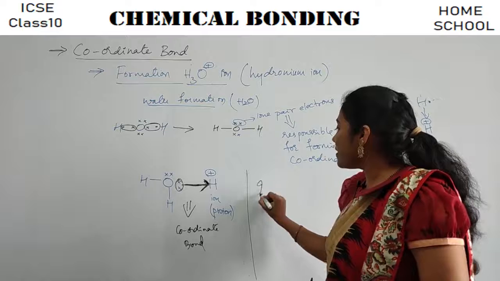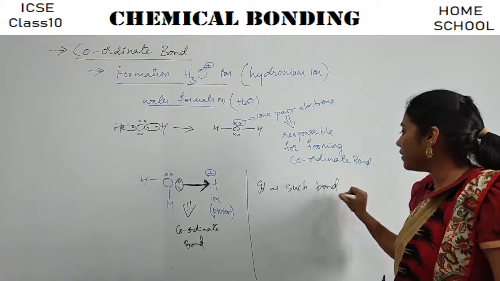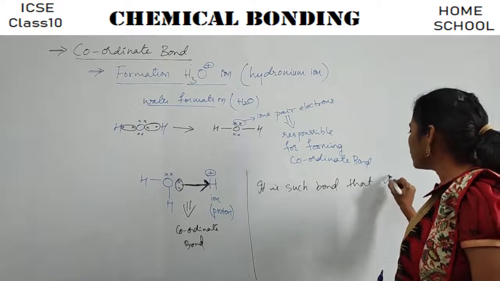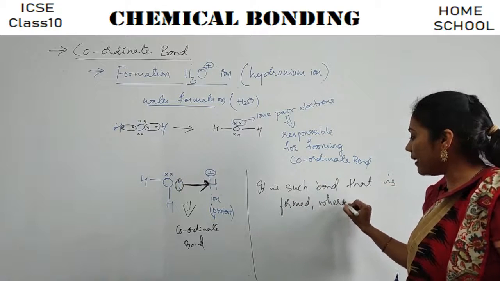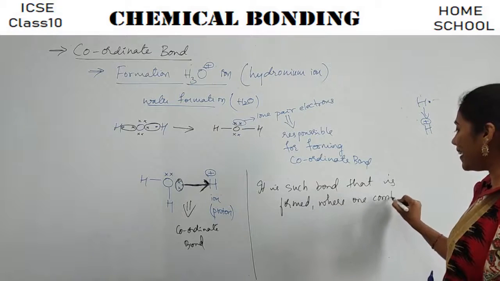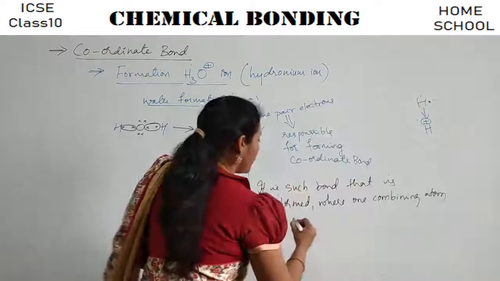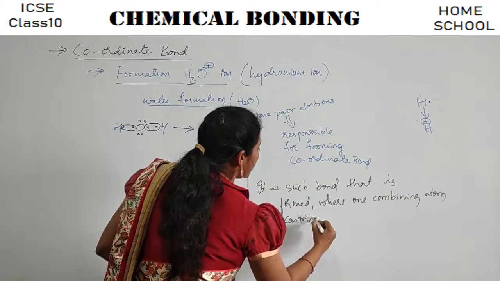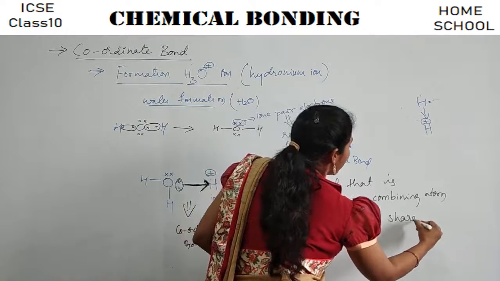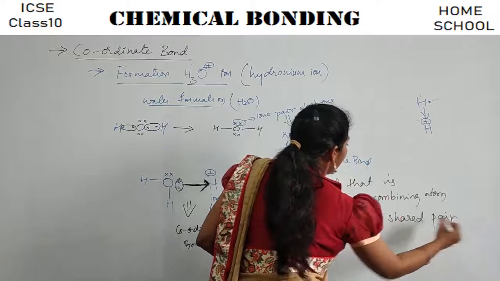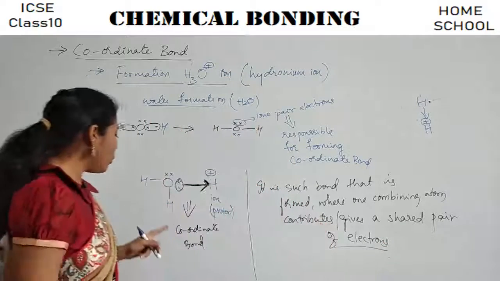Clear? So now what is the definition you can write for a coordinate bond? It is such a bond that is formed where one combining atom contributes or gives a shared pair of electrons, okay, is called a coordinate bond.